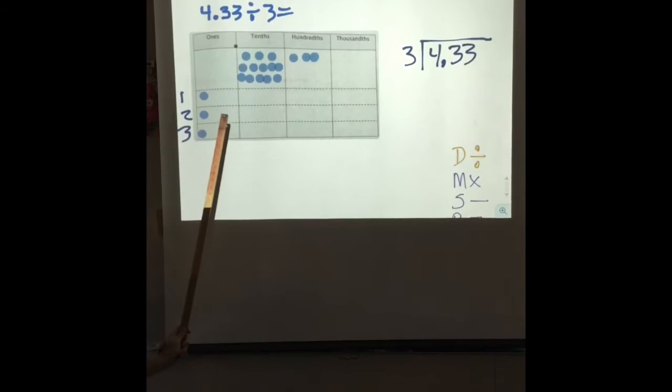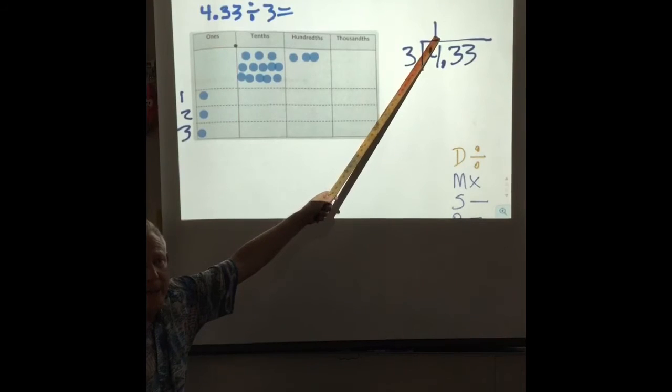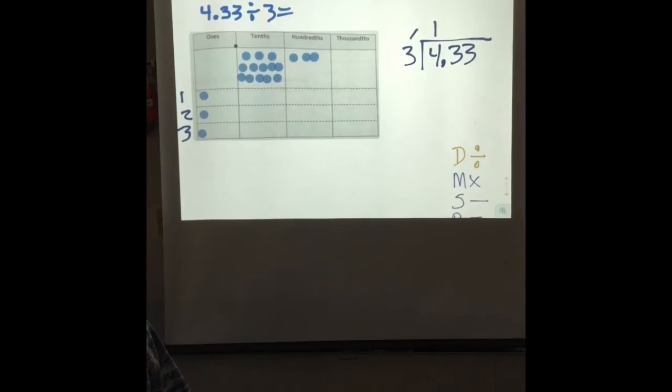Or if I have 4 dots, how many dots can I put in each one? Well, I can only put 1 in, right? So this one is the same as that one right there. Okay? So now 3 times 1 is 3. Now I'm going to subtract, and that's going to leave me with 1.